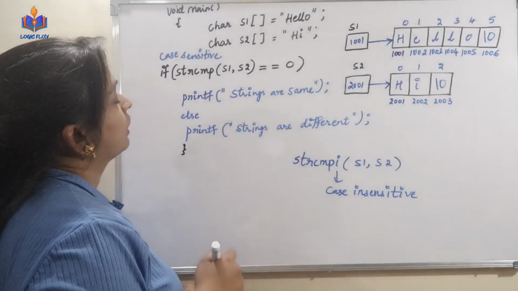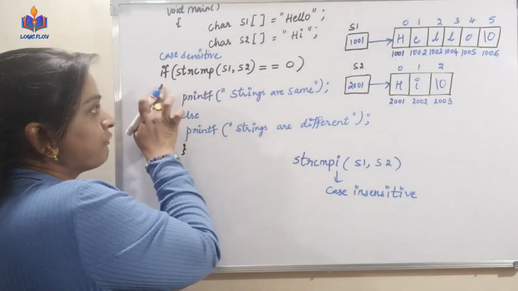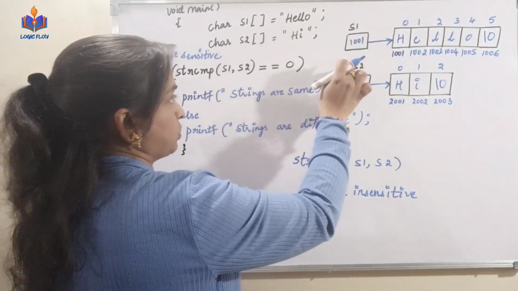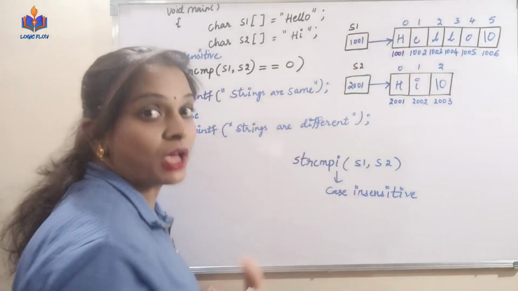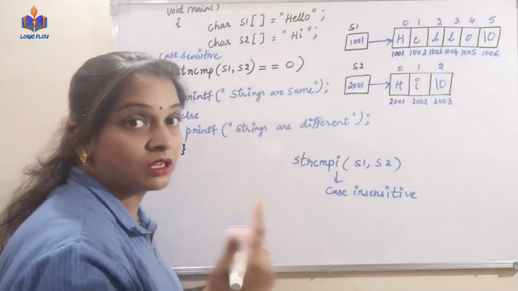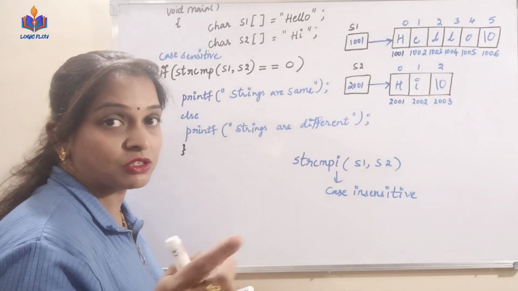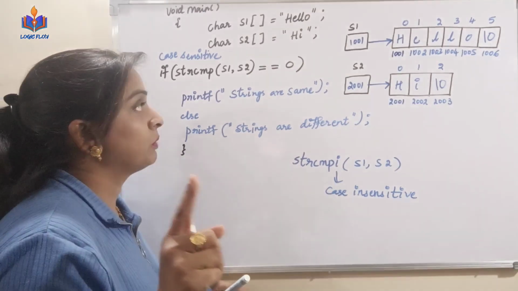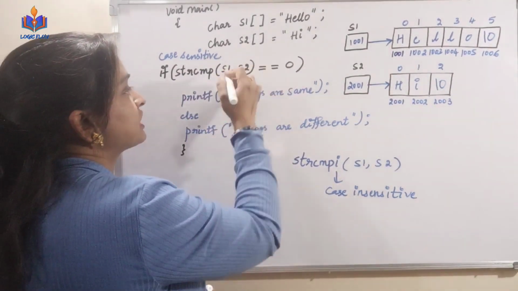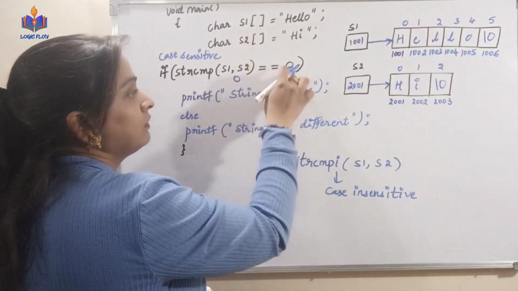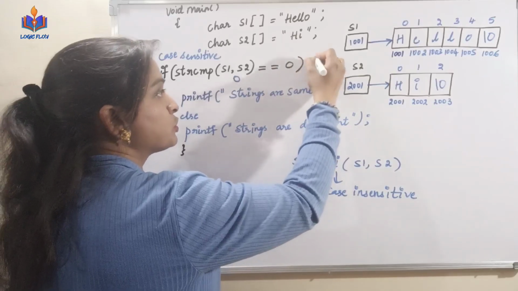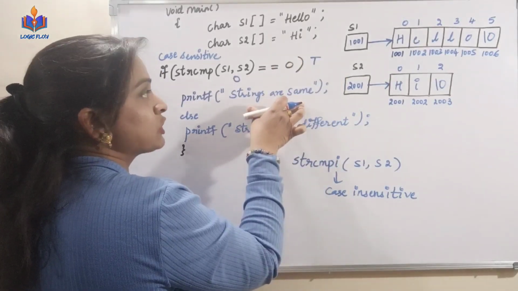Well, now I say, if string compare of S1, S2, with respect to ASCII values it is going to compare. If it equals 0, as I said, it is going to check with 3 values. If string compare S1, S2 is returning 0, then 0 equals 0, this condition becomes true, and I get the message strings are same.